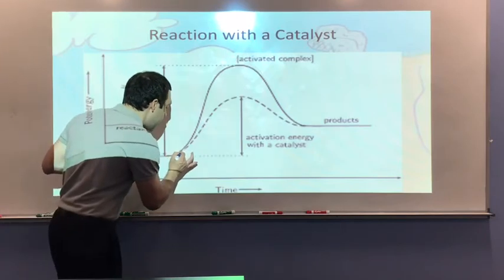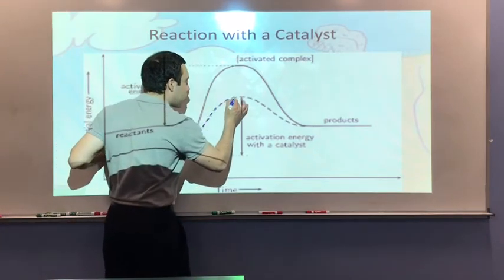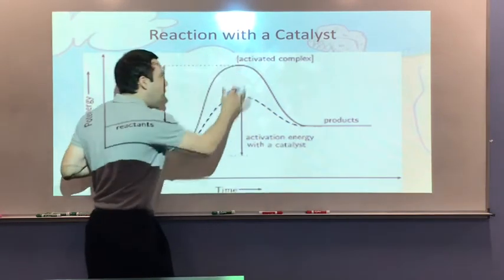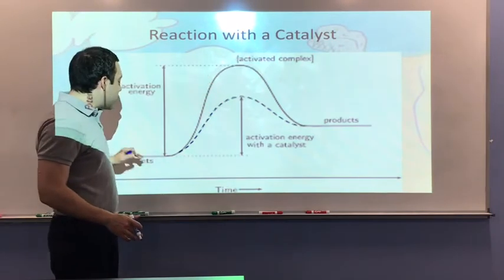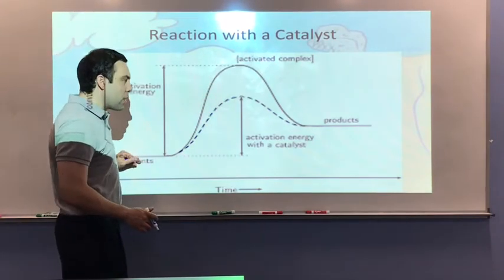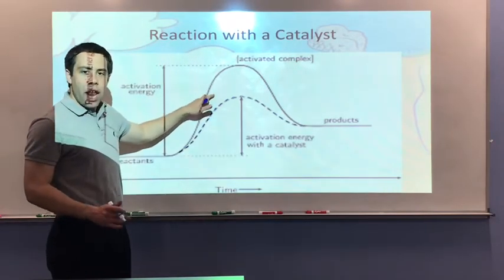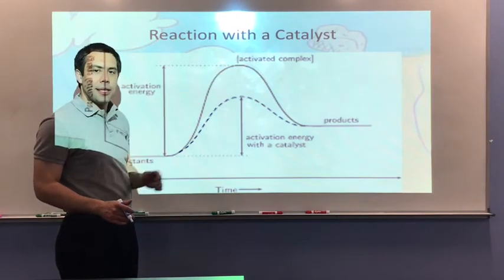So you would represent a catalyst by drawing a dotted line inside the hump for the normal chemical reaction. A catalyst does not affect the reactants, and it does not affect the products. It lowers the activation energy and thereby lowers the activated complex.